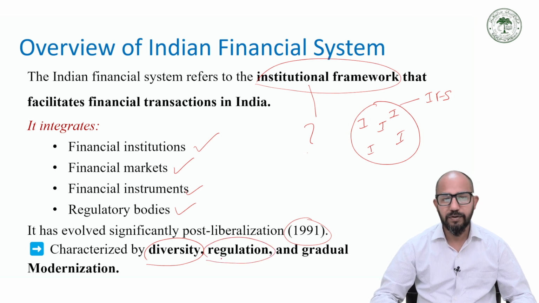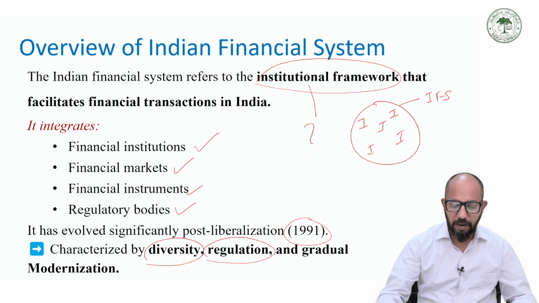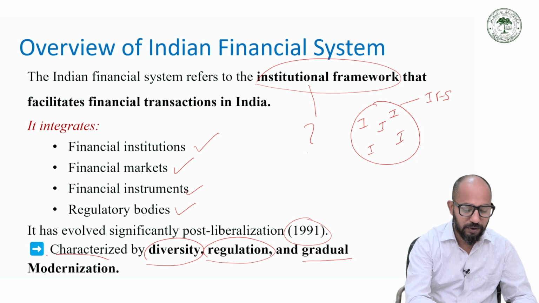In the Indian financial system, the regulations are quite strict, and control is proper in order to safeguard the interest of the public, of the people, of the unbanked people, because still there is a large population in India that lacks financial literacy. It is also characterized by gradual modernization.